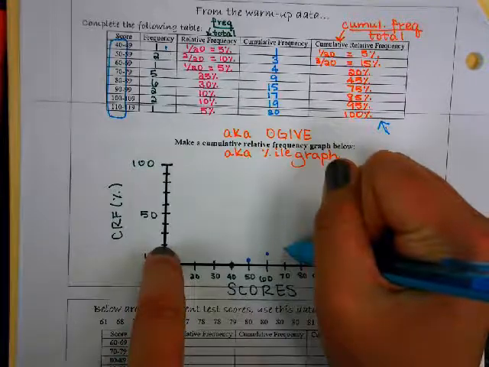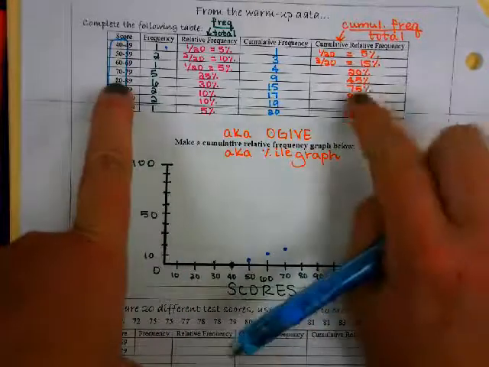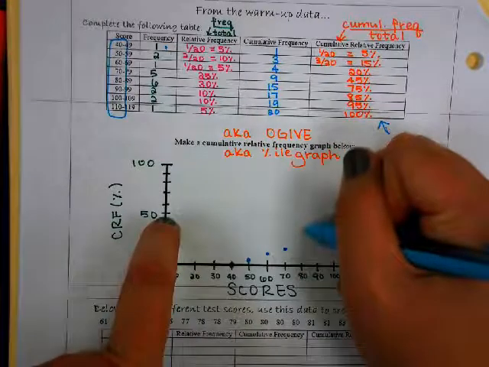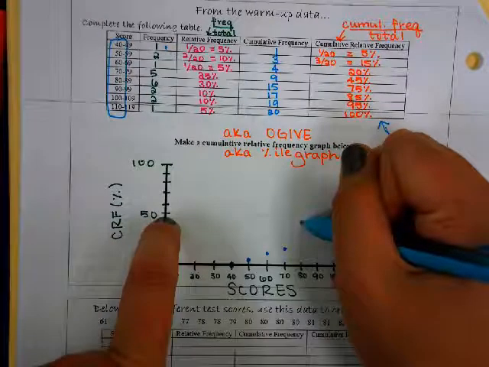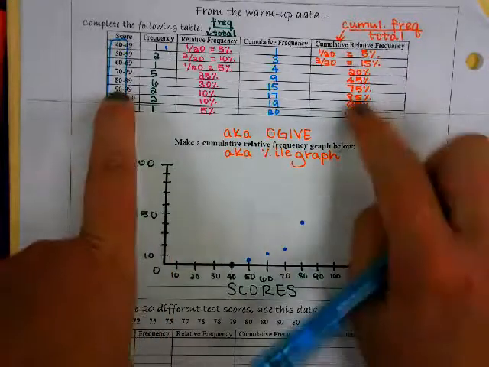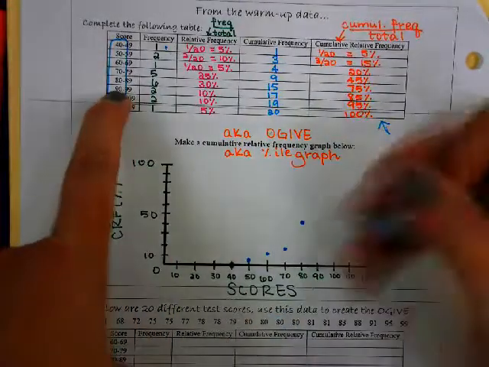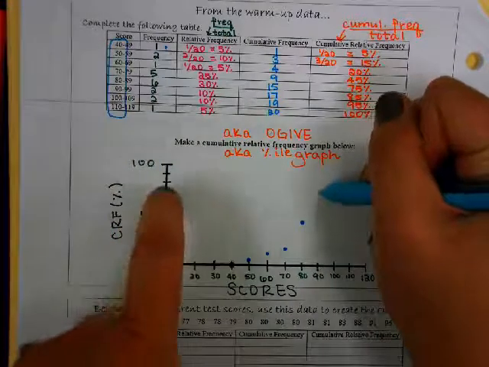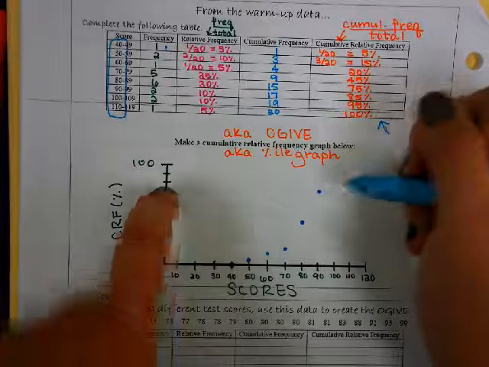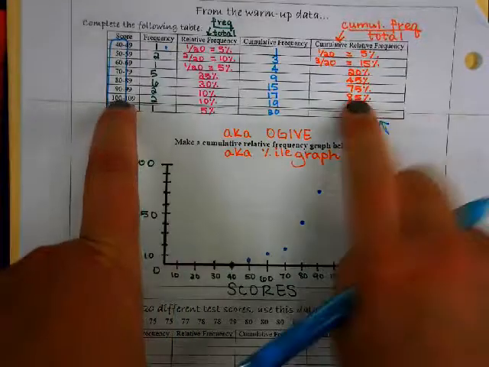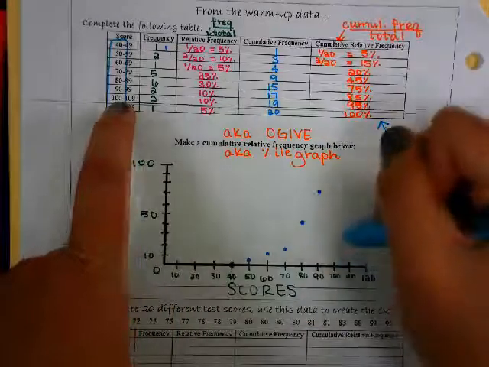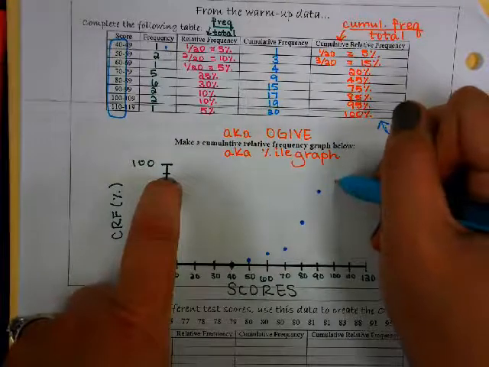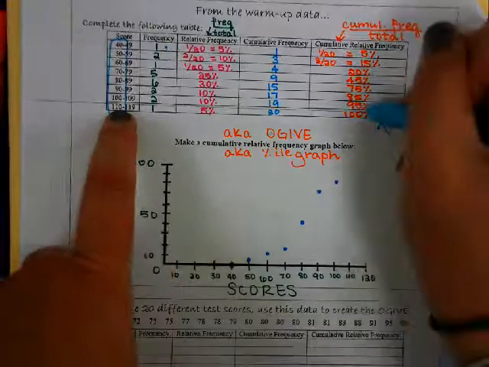And then 80 jumps to 45. 90 is at 75. 100 is at 85. 110 is 95.